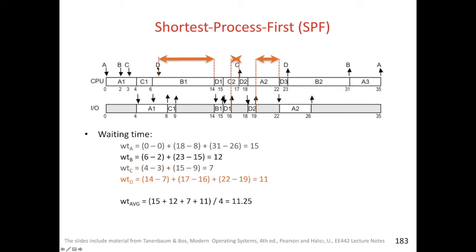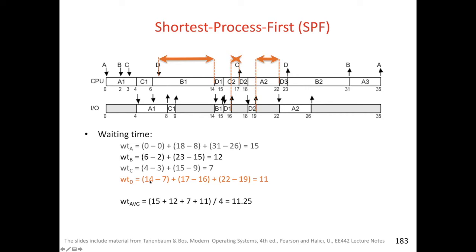Process D enters the ready queue 3 times. It has 3 CPU bursts. It enters at 7, starts execution at 14. Then it enters at 16, starts execution at 17. The last time it enters at 19 and starts execution at 22.